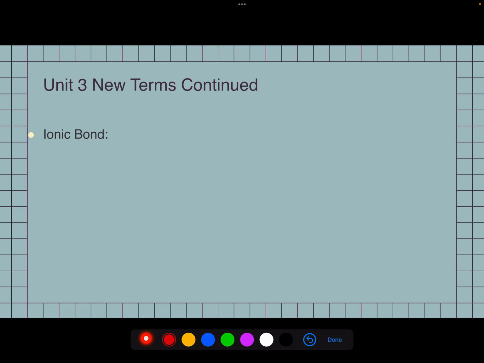So here are some new terms. What we're going to be primarily focusing on for this first part is our ionic bonds. So we've been talking about cations and anions and ions, right? Ionization energy even. So now this is talking about an ionic bond, right?